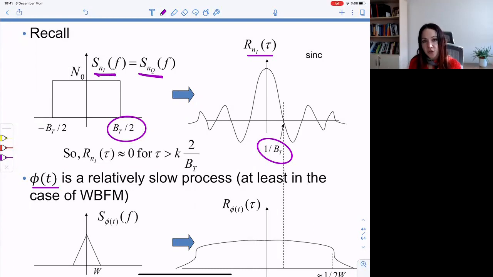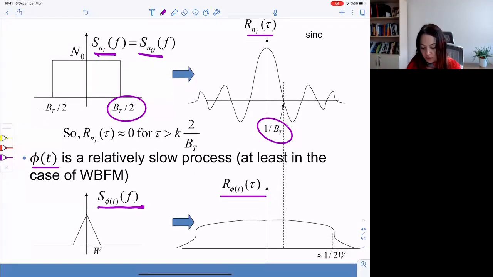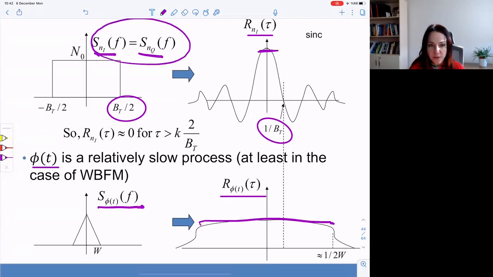So Bt is much larger than W. Okay, so that's why when we talk about the PSD of phi of t and the corresponding autocorrelation function, the autocorrelation function is relatively flat within the time frame that Ni is oscillating, within the time frame of the duration of the impulse response that corresponds to this filter characteristic.